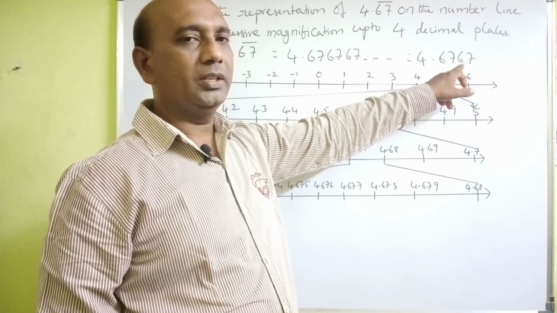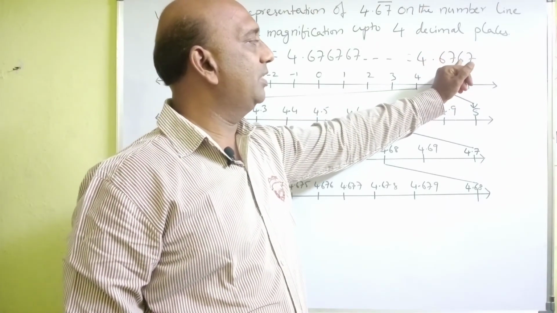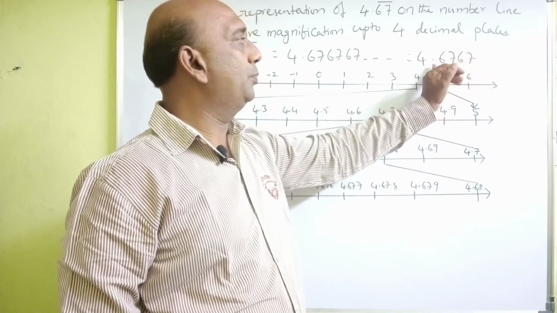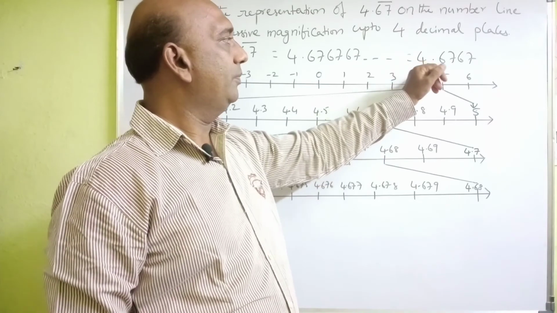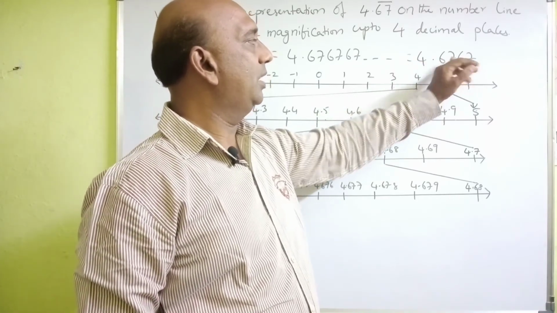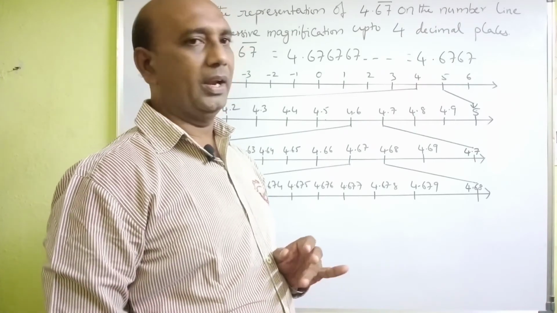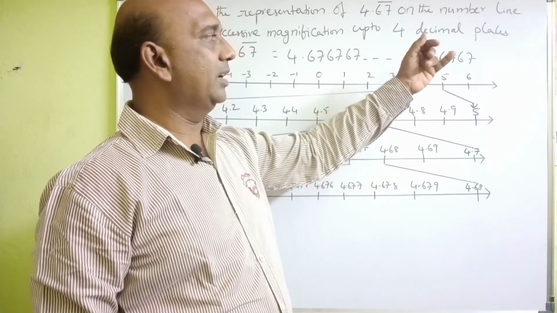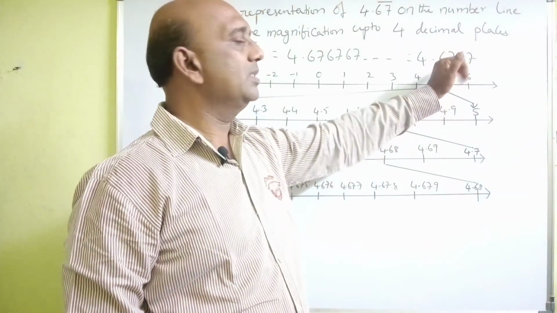That's why we have to take the rational numbers between 6 and 7. 6 and 7 means 4.676 and 4.677, rational numbers between 4.676 and 4.677. Let us draw another number line with the rational numbers between 4.676 and 4.677.